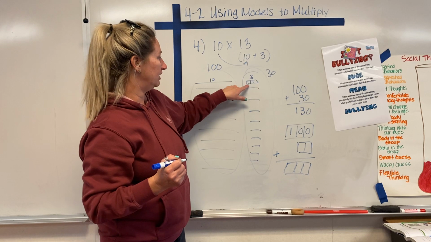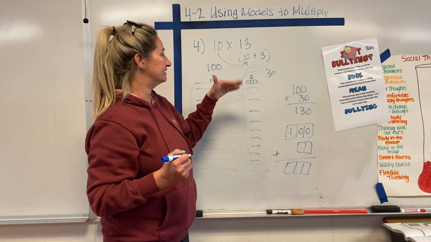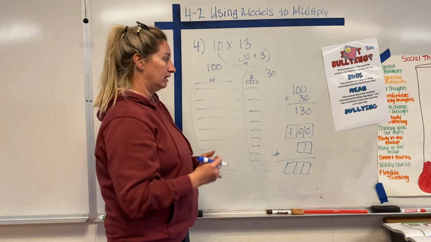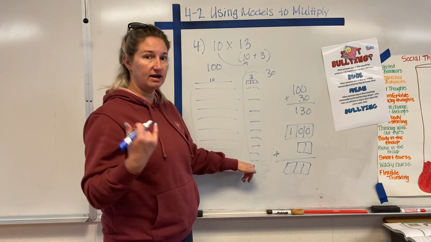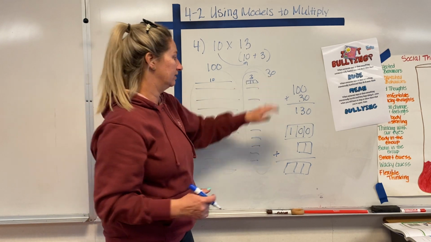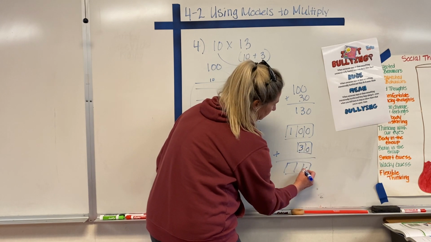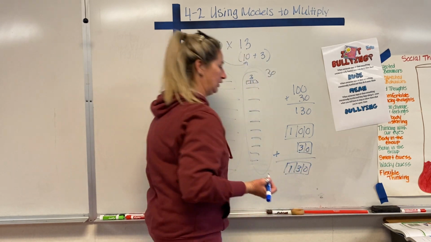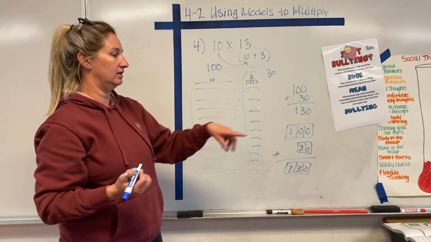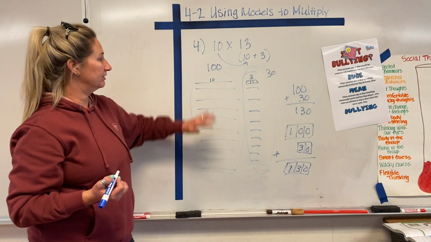And then here would be, if you counted by threes, 3, 6, 9, 12, all the way to 10 of them, it's 30. That's your tens. And then you add them up. Okay, so that's what it looks like in the book. All right, so I'm going to erase that.